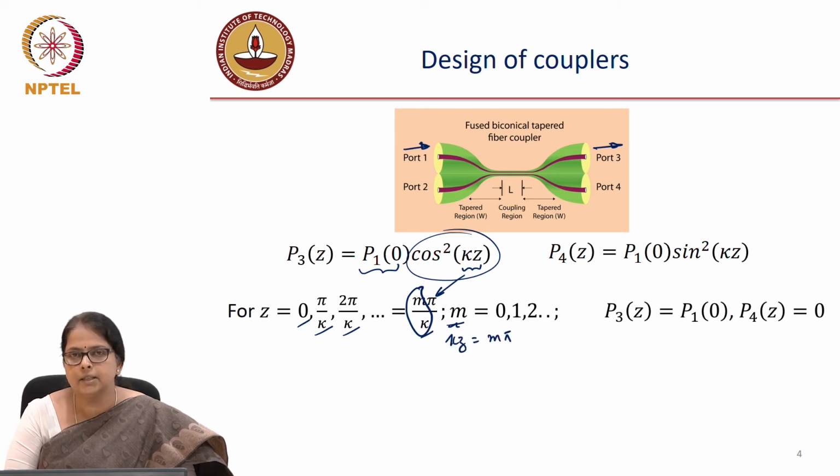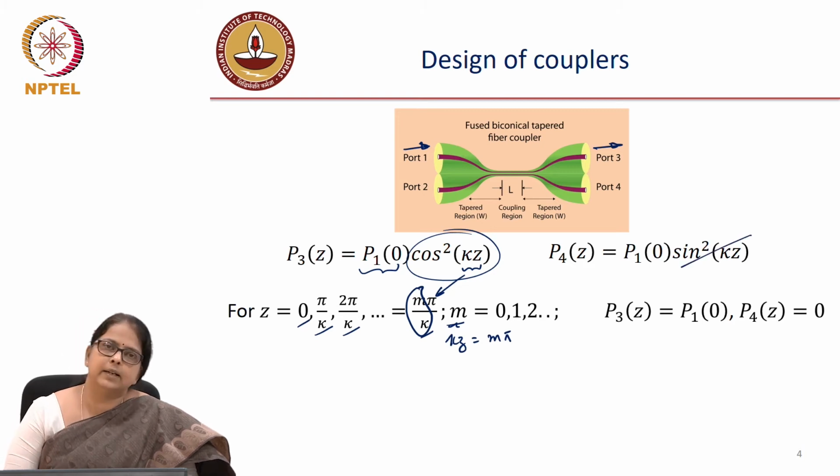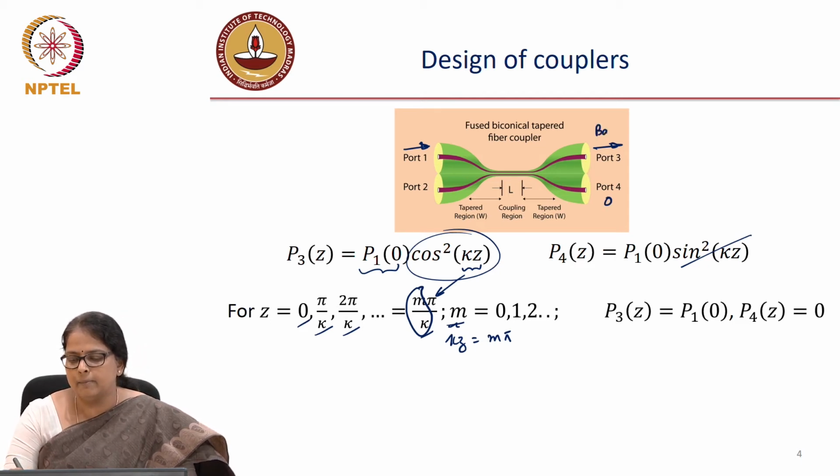If this condition is satisfied, then sine square kappa Z is equal to 0, which means P4 is 0. So the entire power now appears in what is called the bar port of port 1, and there is no power appearing at the cross port.